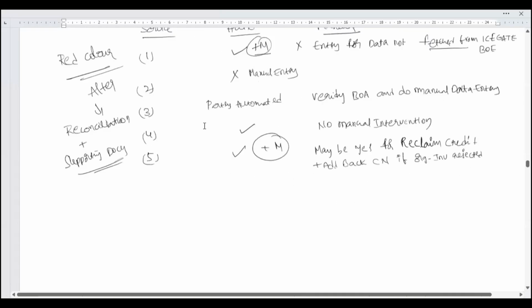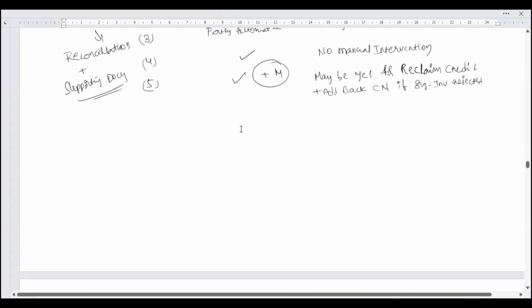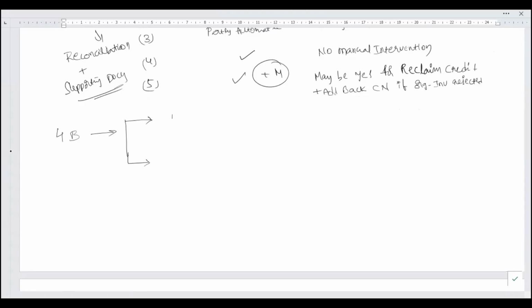So 4A we have understood, 4B. Now 4A is the source data. 4B is where I'm going to tell the government I have no interest to avail ITC. This is called 4B1. 4B2 is to assess the eligibility of ITC.